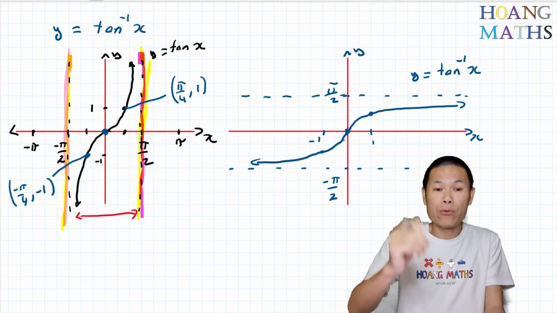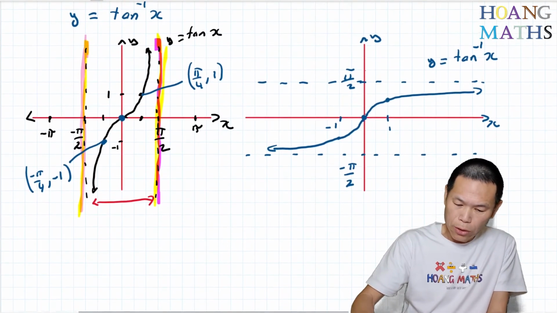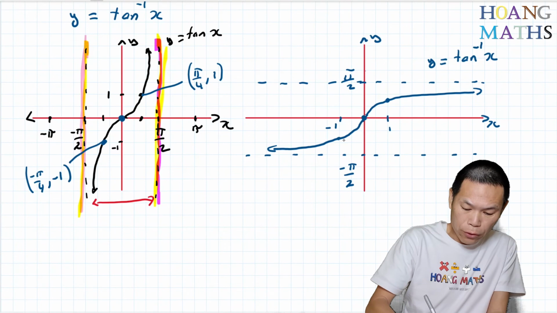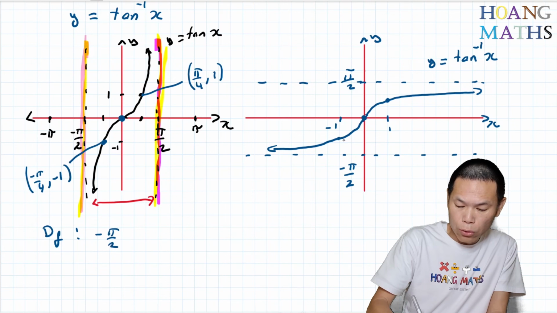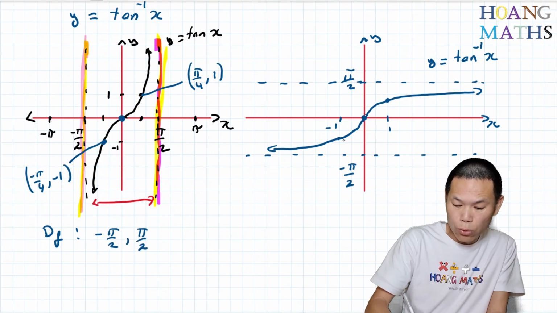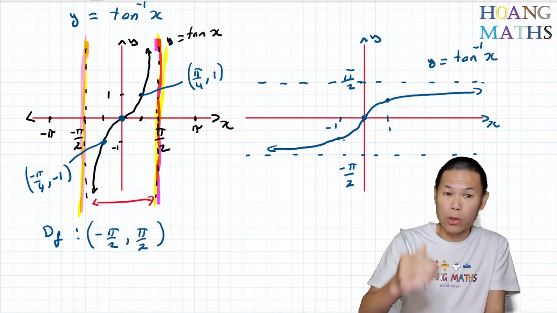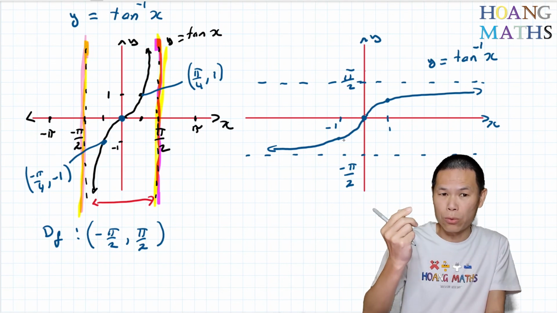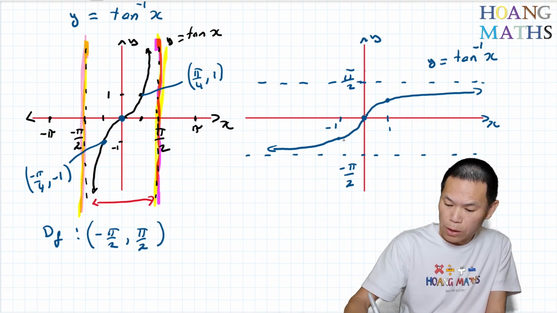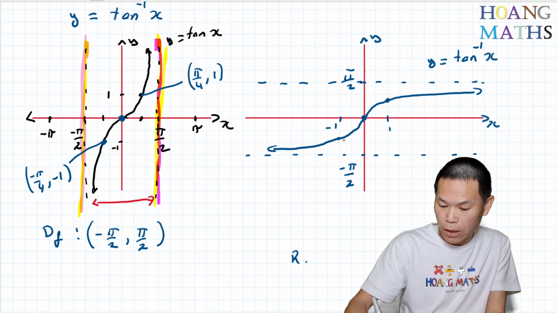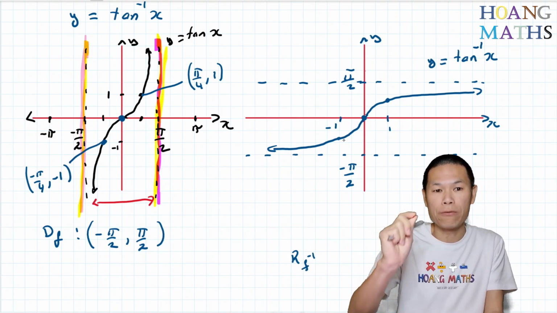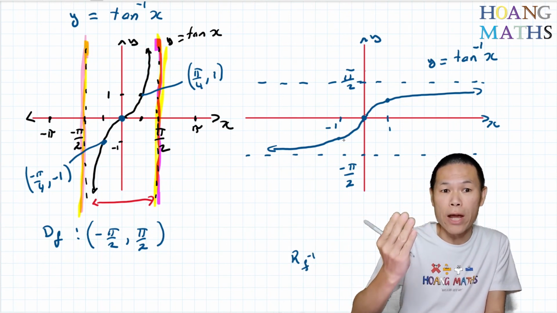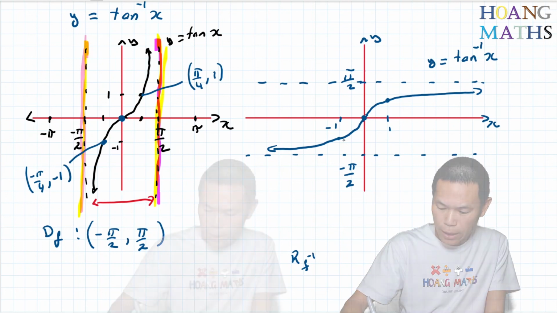So let's write down the range and domain. So the domain for this restricted function is between −π/2 and π/2, exclusive, okay? Because you cannot have tan of π/2. So this becomes the range for the inverse function. Otherwise, you can look at the inverse graph and just write down the range and the domain, okay?